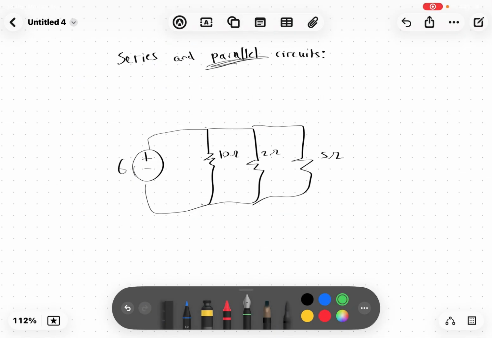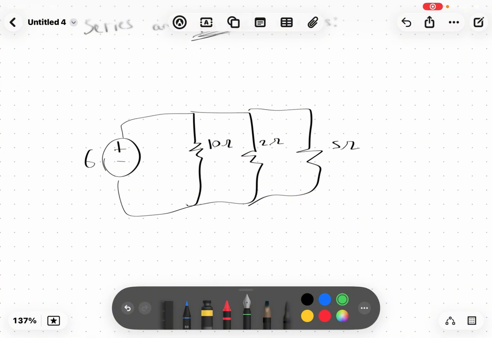So let's do it with a kind of harder one. Let's solve the current for each one. Over here it's 6 divided by 10, which is 0.6 amps. Over here 3 amps, and over here it's going to be 6 divided by 5, which is 1.2 amps.